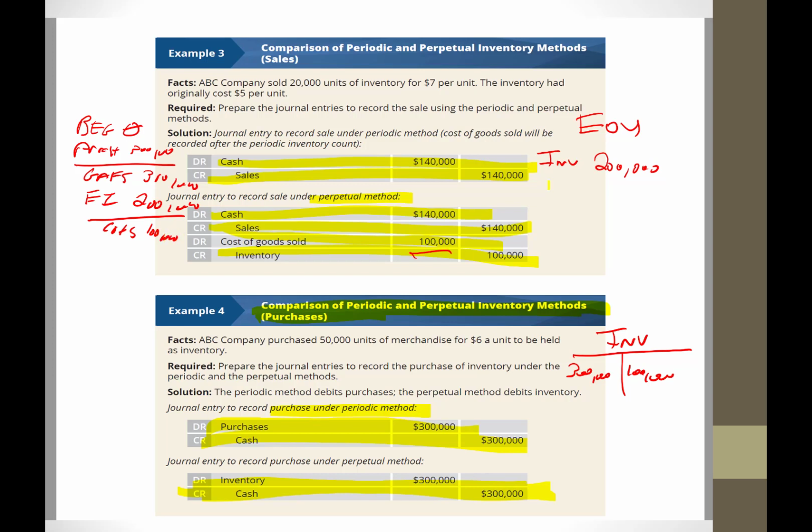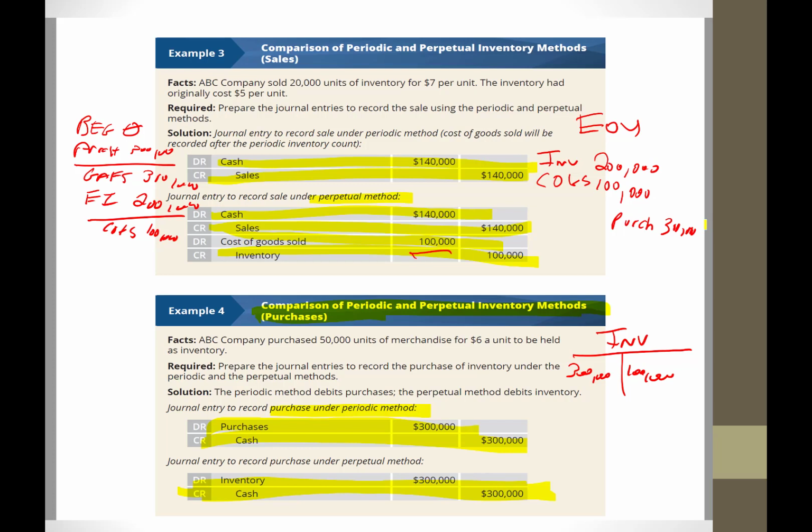So I would debit cost of goods sold, my end of year journal entry to catch up. And now I don't need the purchases account anymore. I can close that, can't I? I don't report that on my financial statements. I'm just going to report cost of goods sold and the inventory. So I would go ahead and credit purchases for 300,000. Is that what I would do at that point?